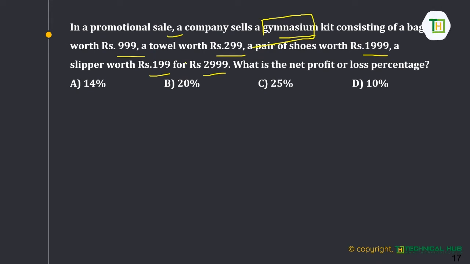First of all, what is the total cost of all the items here? The bag worth is 999, the towel worth is 299, the shoe worth is 1,999 and the slipper worth is 199.